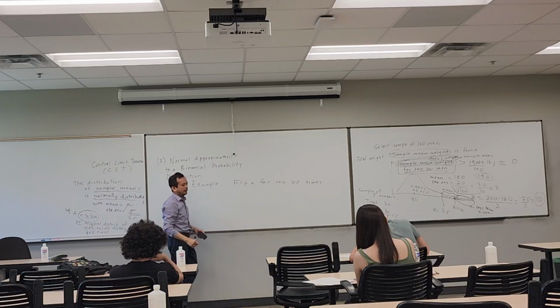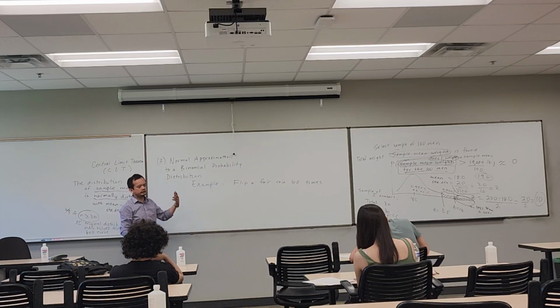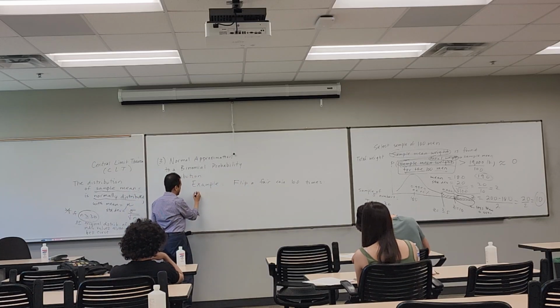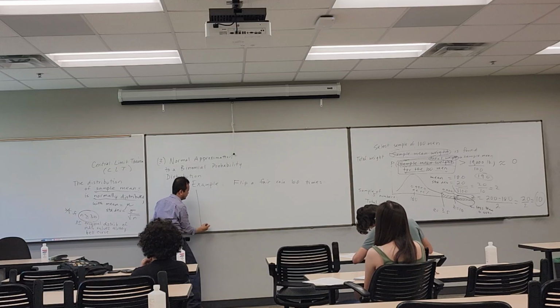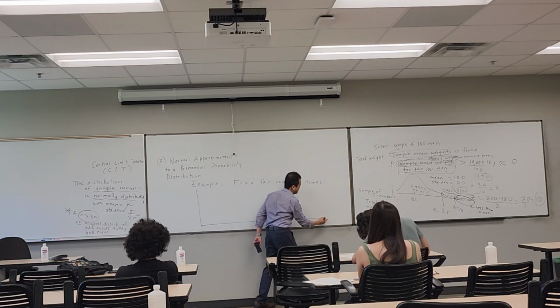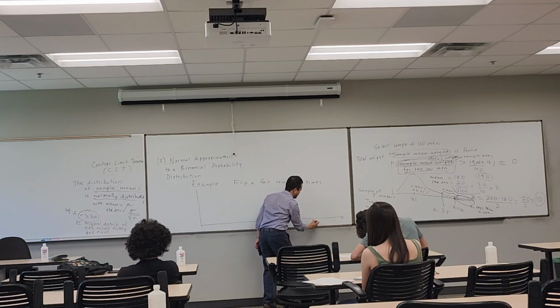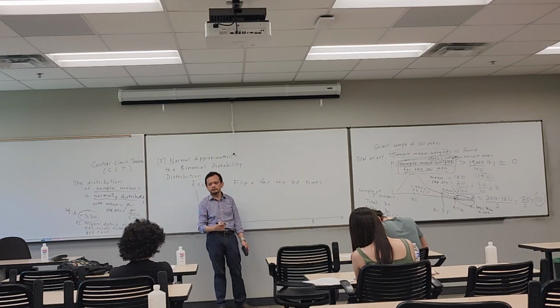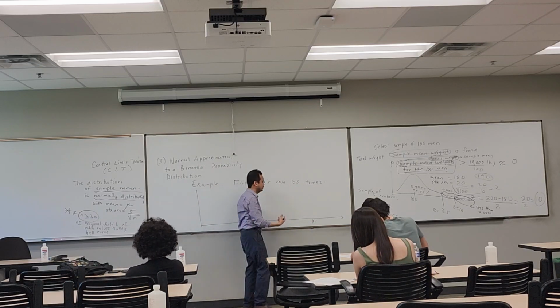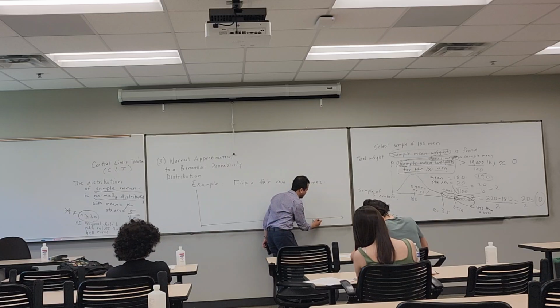So let's first look at the probability distribution for this situation. Let's say that we were to plot this distribution where the x-axis represents the number of heads that we end up observing out of each of the 100 flips.